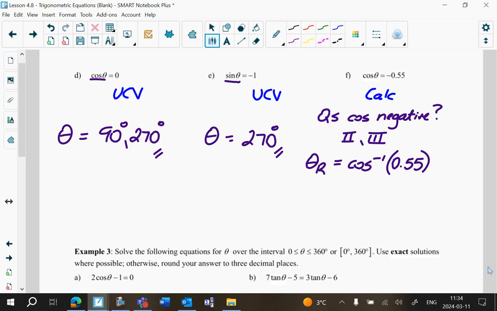Okay, so now I want you to try and finish it. 3 decimal places.